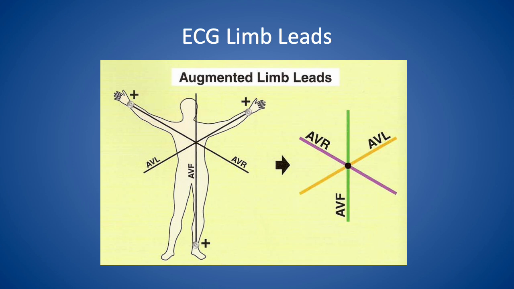And these were originally called augmented leads because they needed to amplify the voltage in order to record it. Each of those leads became augmented voltage left, augmented voltage right, and augmented voltage foot, or AVL, AVR, and AVF.